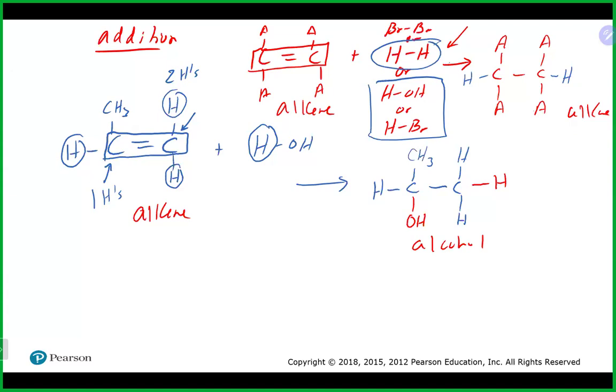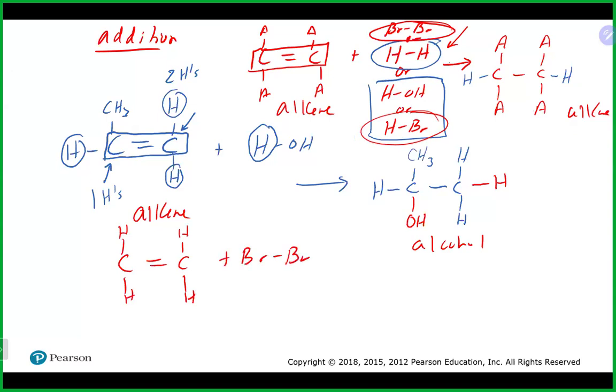A halogenation reaction would be like one of these when you add something like HBr or Br2. If we have the same molecule and you add Br2, it works the same way.